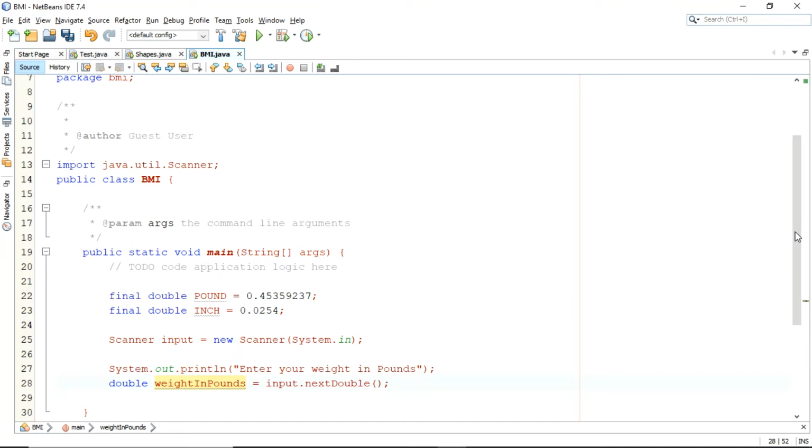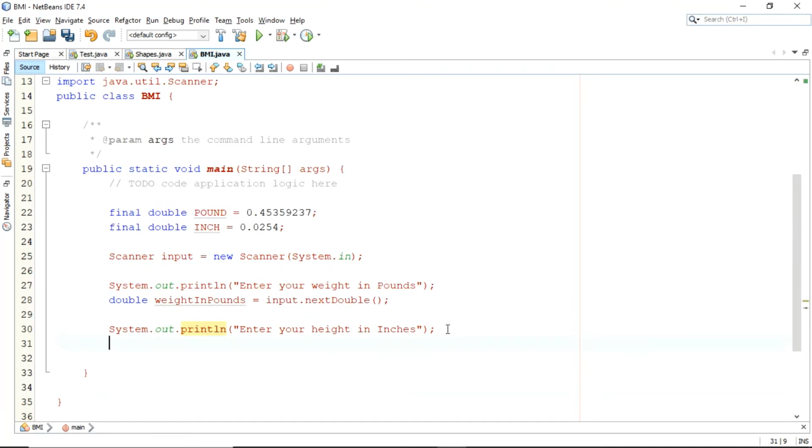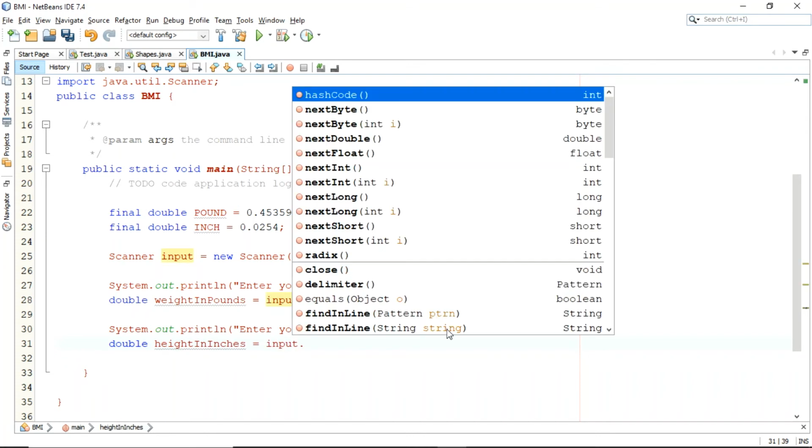Again, we scan the value, so you're going to say double heightInInches is equal to input.nextDouble.